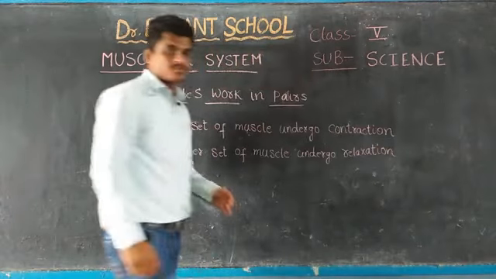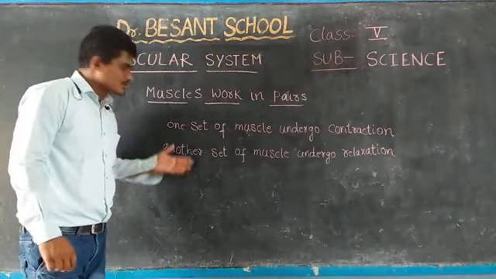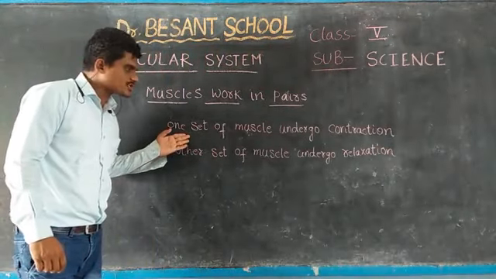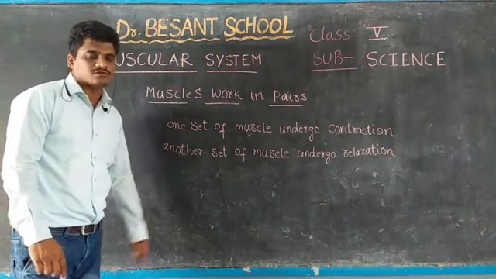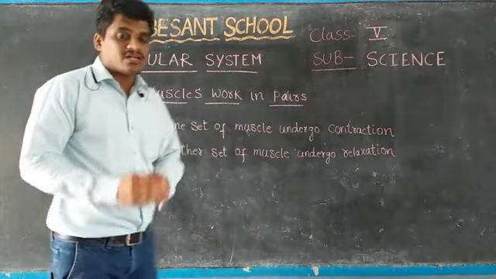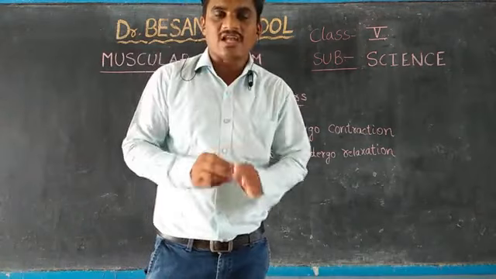Now I am going to explain how the muscles work. One set of muscle will undergo contraction, another set of muscle will undergo relaxation. I will explain by doing a small activity.